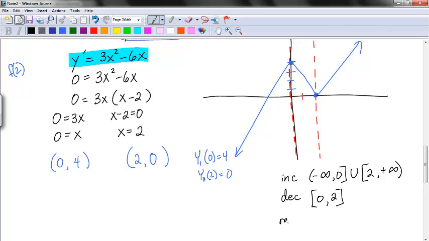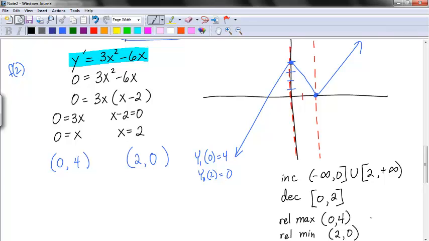So the relative max would be at what, 0, 4? And the relative min would be at 2, 0. Everybody okay with that much?